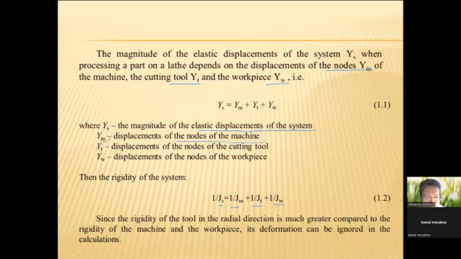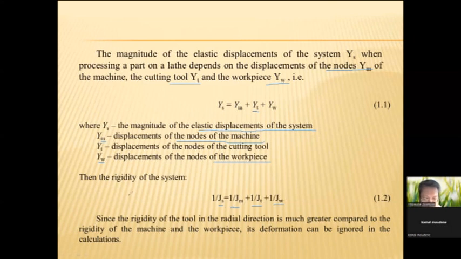J_T is the rigidity of the nodes of the cutting tool. And J_W is the rigidity of the nodes of the workpiece, the rigidity of the workpiece.